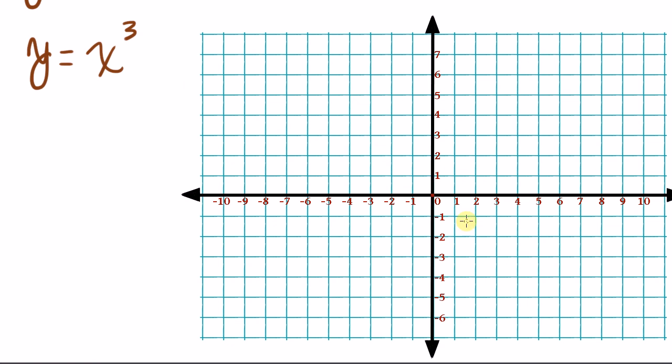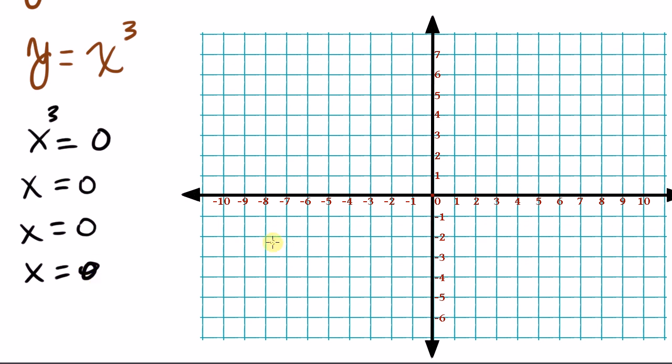And it has 3 zeros, but they're all 0. So we have x cubed equals 0, and then this is literally x equals 0, x equals 0, and x equals 0. So we have 3 zeros right there. That's probably a bad color.